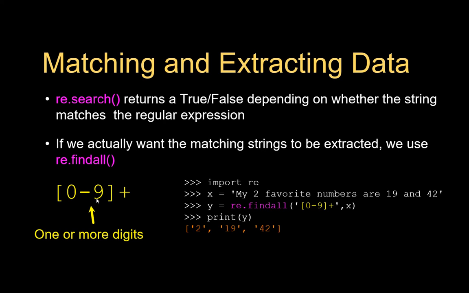It's important to know that this is only one digit, not 9 digits or 10 digits, only one digit. But because we have the plus here, it means one instance or more of this block. So here we have a number that can start from 0, which is the minimum number that we can have, and the maximum number that we can have is basically 99999 till infinity. So this is quite a big range.